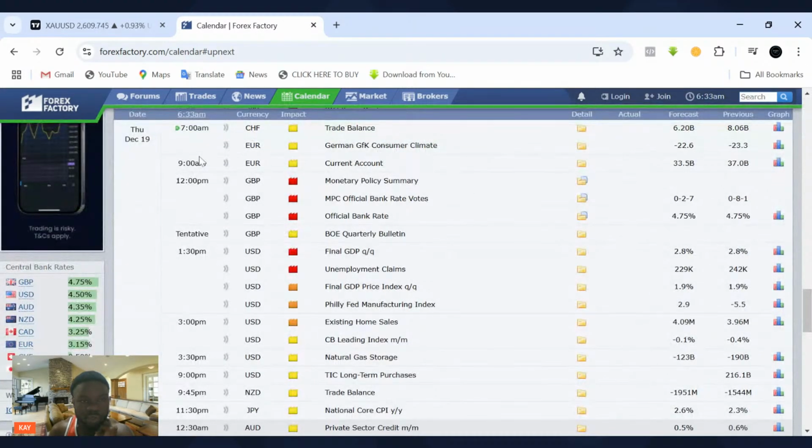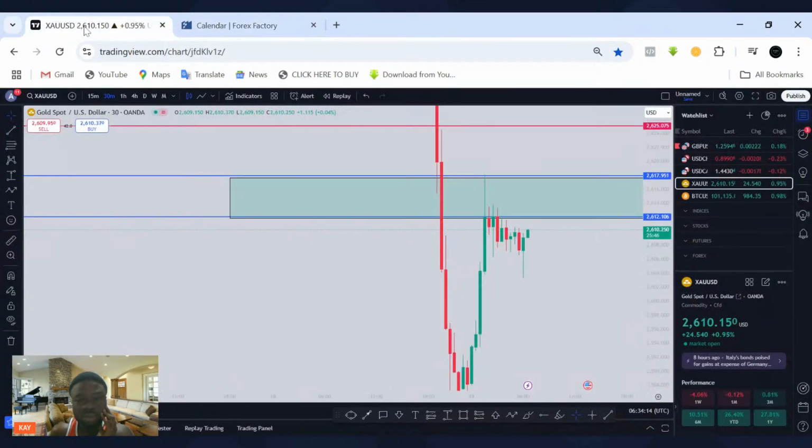We don't have any high impact news. The only high impact news is the interest rate on the pound around 12 p.m. GMT. So I think the landing session is clean. At 7 a.m. you're having CHF news, but they are all medium impact news.